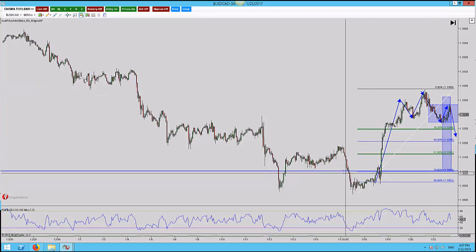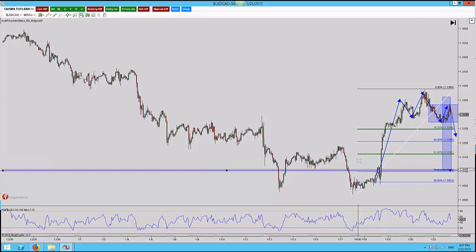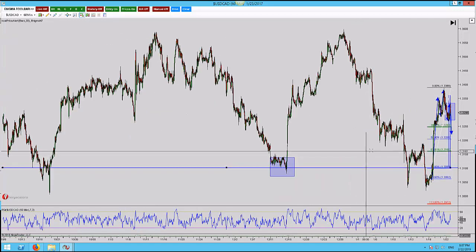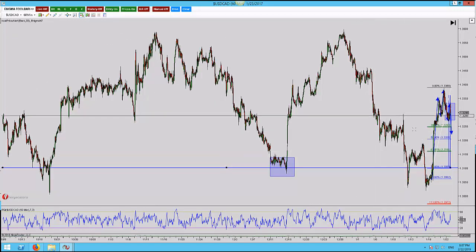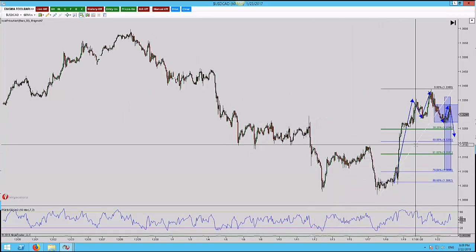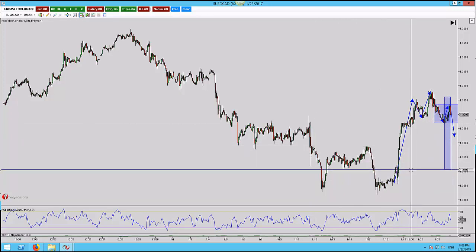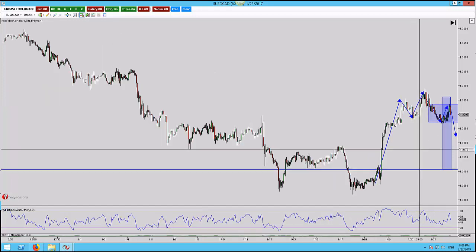Right, that 61.8 only comes to here. But we have made a new low. And technically the double bottom has also played out by hitting this. So ignore the 61.8. Targets are going to be 5 pips above that psychological number.